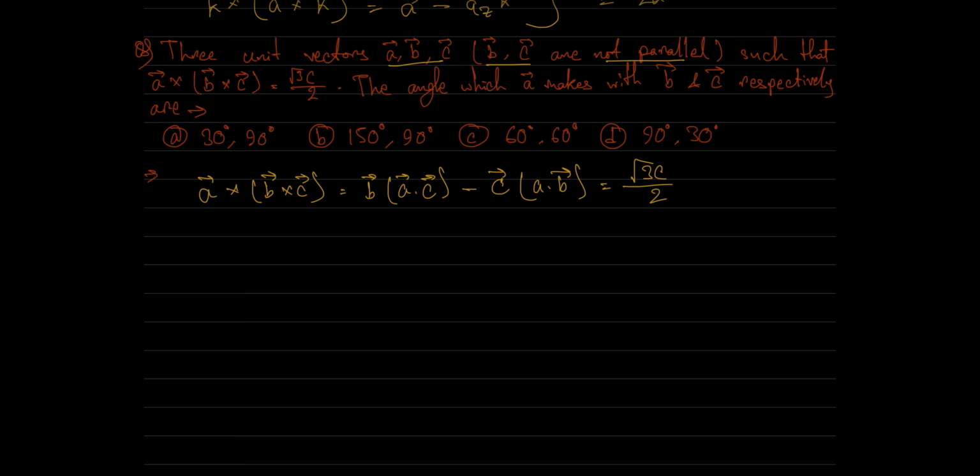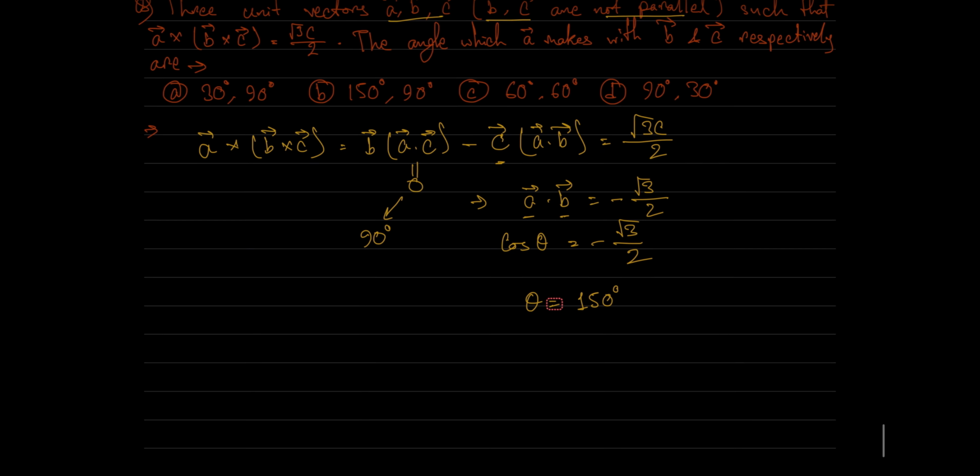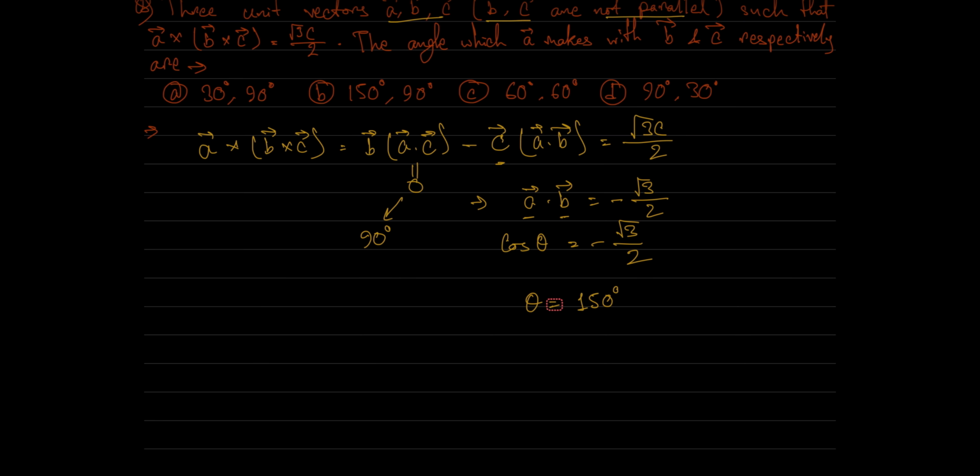So from this, since b and c are not parallel, a dot c will be equal to 0, and a dot b equal to minus root 3 by 2, which is cos theta equal to minus root 3 by 2, as a and b are both unit vectors. Then theta equal to 150 degrees, and the angle between a and c is 90 degrees, as the dot product is 0. Then the pair will be correct like this.